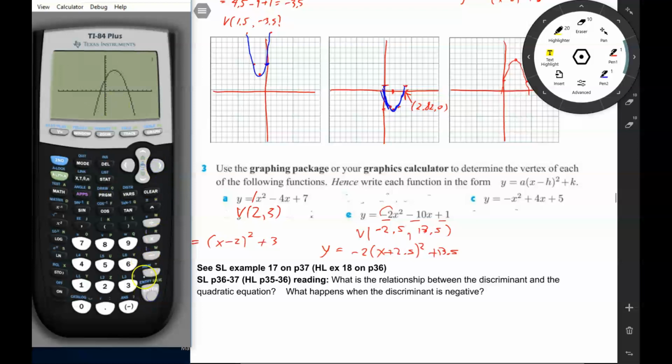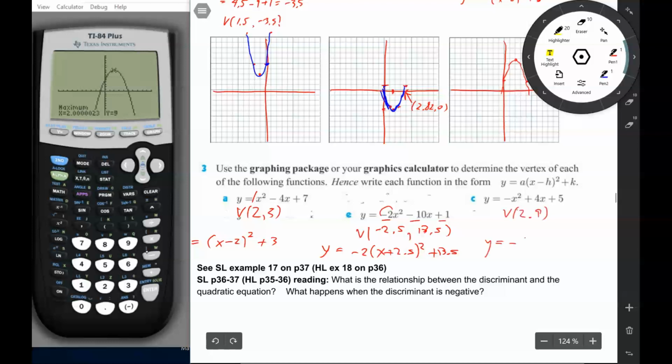Guess, doesn't matter where, you just hit enter. 2, 9. So here, the vertex is going to be 2, 9. And if I was to write this in HK form, I would put negative 1 for the a value, and then I would put x minus 2 squared plus 9.